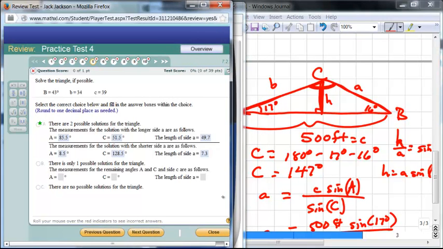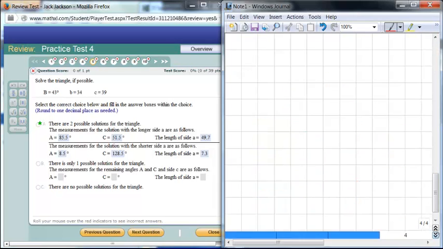Okay. Solve the triangle if possible. So let's draw out what we have here. Let me draw the angle B, 43 degrees.